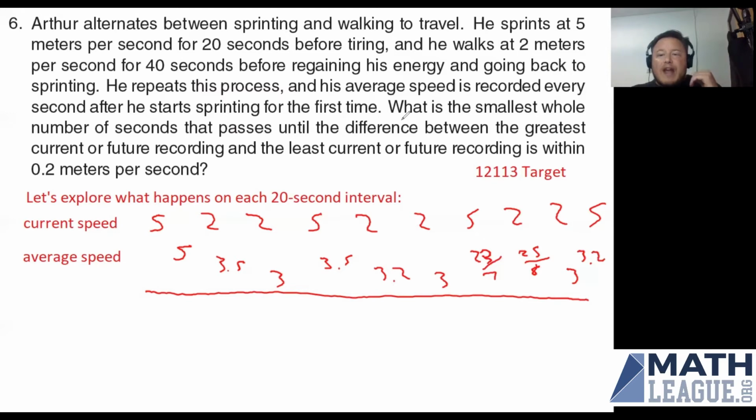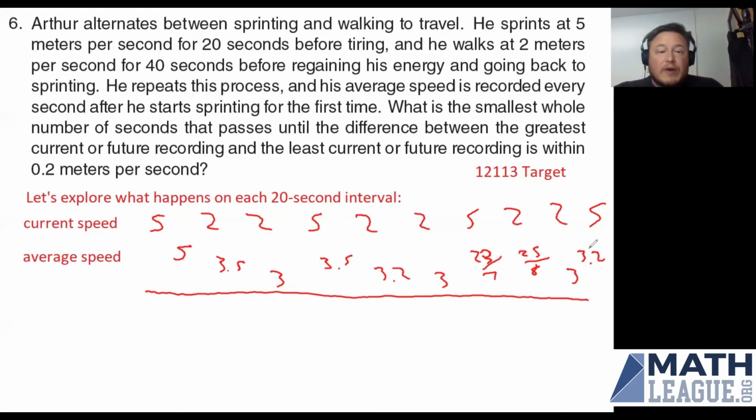But you'll notice that after each 5 meter per second run, this average ends up being a little bit less than it was before, because those 5s are not as big of a deal relative to all the other stuff that's going on.